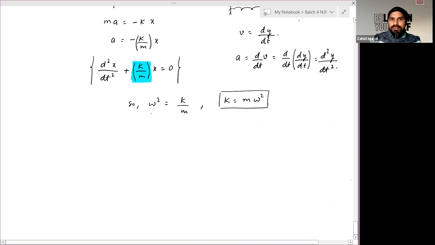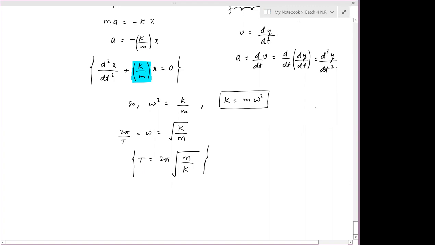Now we have to calculate the time period for this. So just move this square to the right side. So omega equals root under k by m, and omega is nothing but 2 pi by T. So the time period for this part will be 2 pi root under m by k. Gautam, any doubt? No, sir.